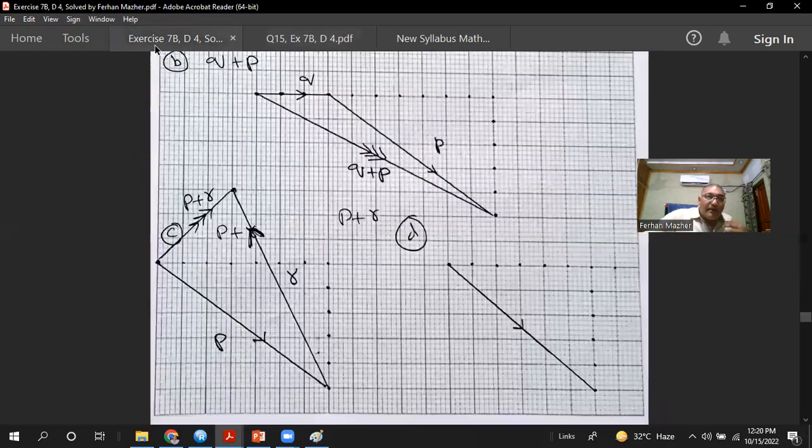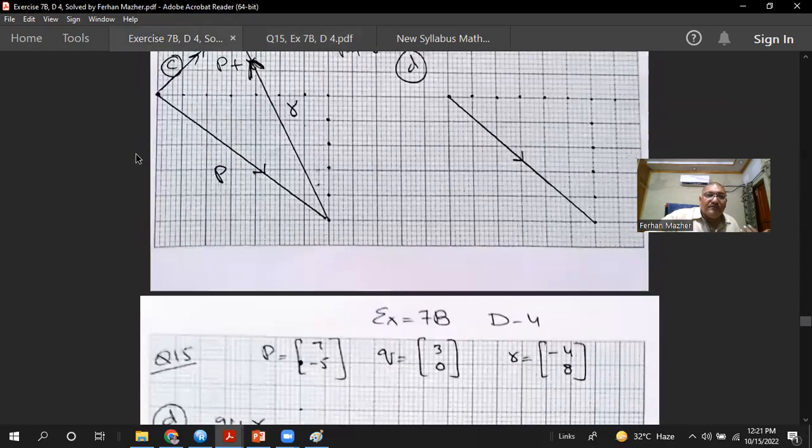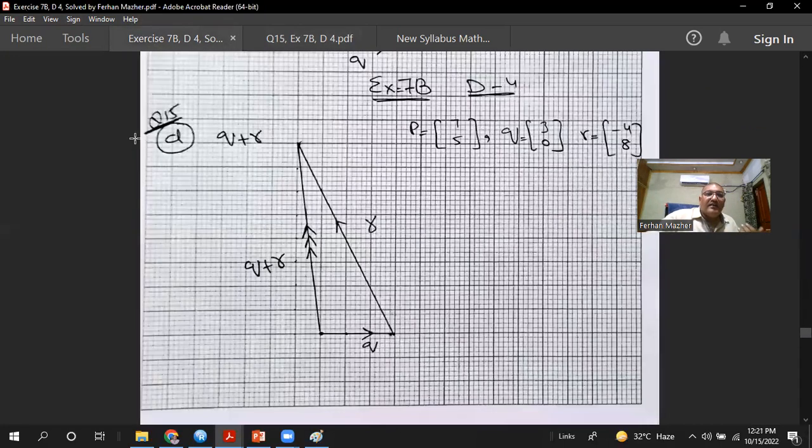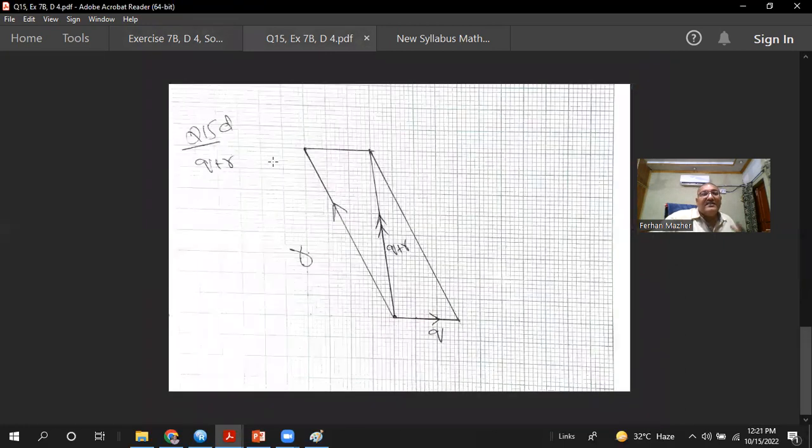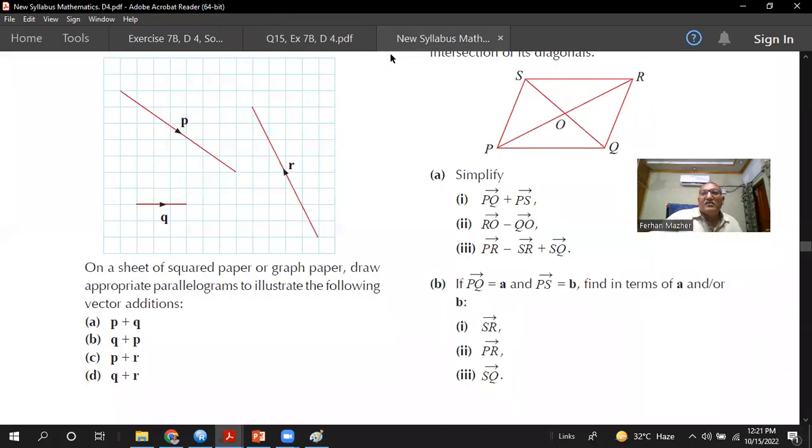Now, here you see the Q plus R is done with the help of the triangular law. And here the Q plus R is done with the help of the parallelogram law. So you can find their addition by triangular law or by parallelogram law. It's up to you. But in the question, he asks us to do it with the parallelogram law. So that's important.